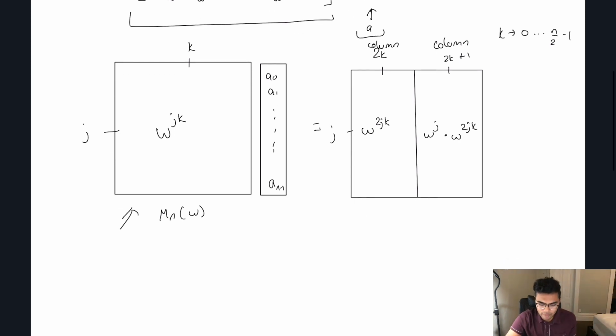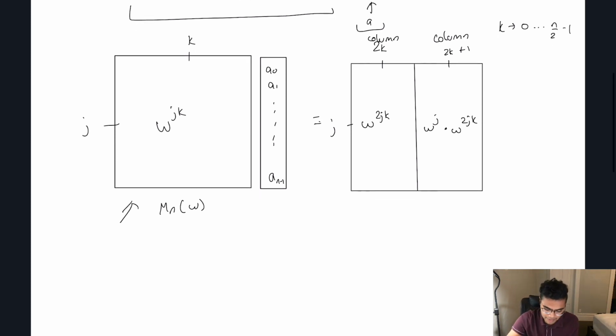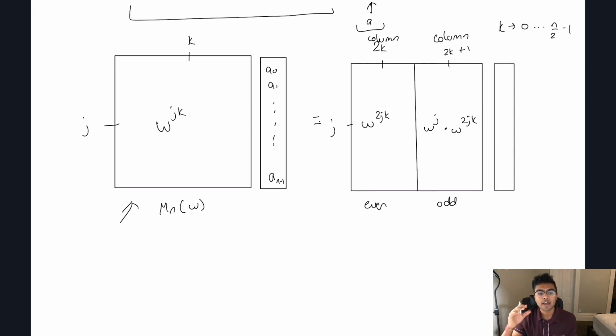So here, all we've done is divide our matrix into the even and odd columns, okay? So this is our even, this is our odd, and we're multiplying this by our same vector, except we can also divide our vector into the respective even and odd parts, so we're still getting that same multiplication result. Our even columns are mapped to the even numbers, so we can say a0, a2, all the way up to an-2.